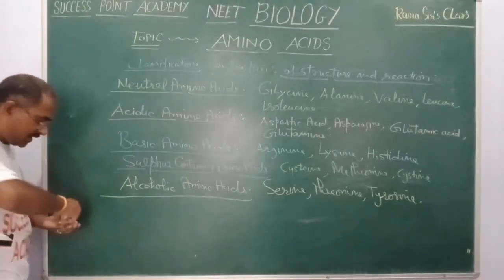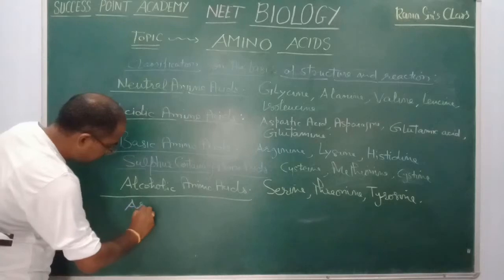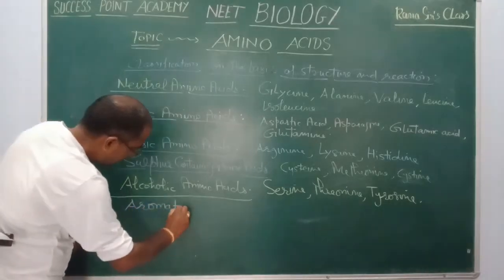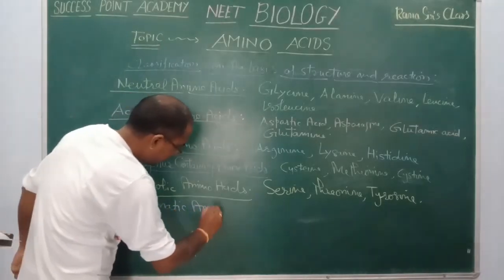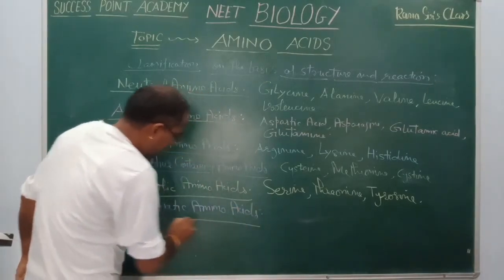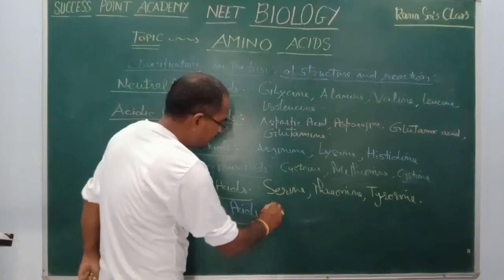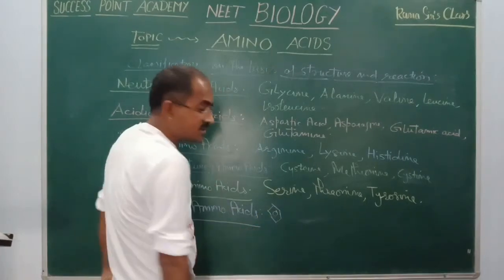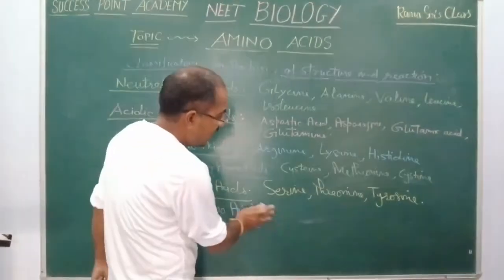Then we have, students, aromatic amino acids. Aromatic amino acids means they contain a benzene ring in their structure. They are called aromatic.